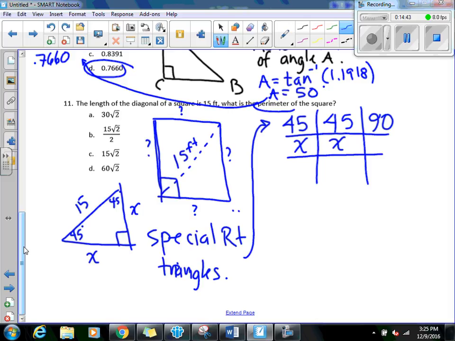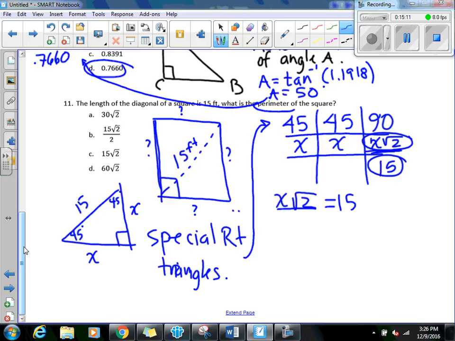So what's been given to me, oh, I didn't finish this, so this is going to be x radical 2. So what's been given to me in the problem? I know that this side, the hypotenuse opposite the 90-degree angle, is 15. And so that means that this equals this. You heard it. X radical 2 equals 15.